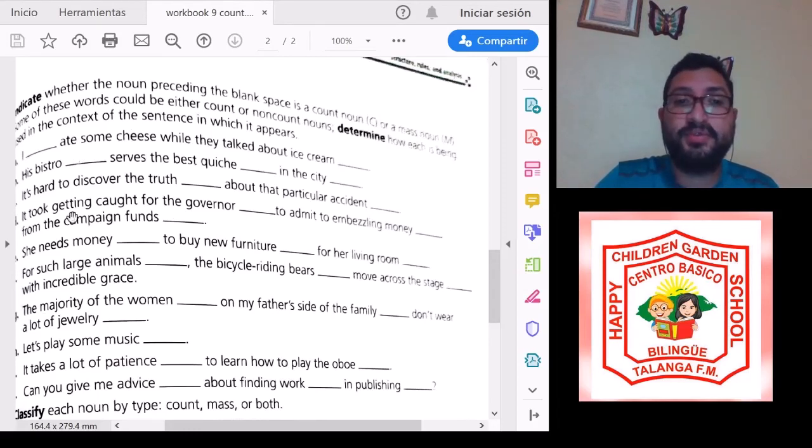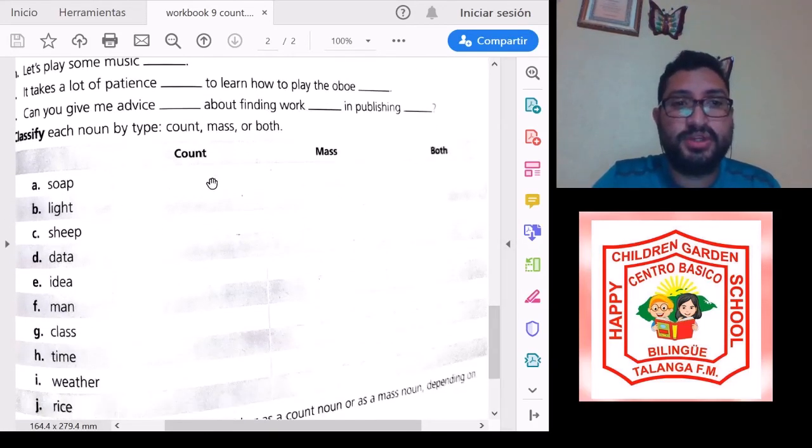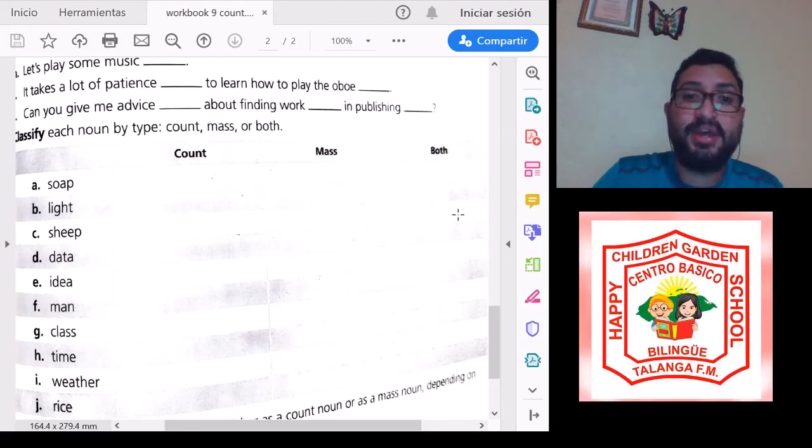So write the noun in this case. Look for the noun that completes the sentence. Then you're going to see that these nouns over here can be count, can be mass, or one or more of them can be both.